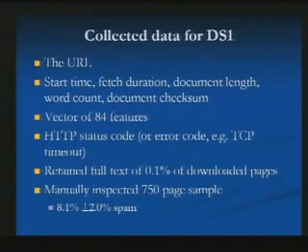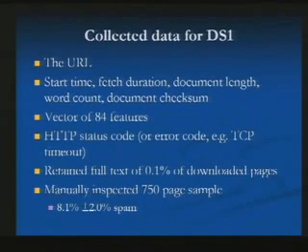For the DS1 crawl, we retained the following information: the URL, the start time of the download, the fetch duration, the length of the document in bytes, the number of non-markup words contained in the document, and an entire document checksum, as well as a vector of 84 features which identified the text of the document, any HTTP status code or error condition that existed, and we retained the full text of 0.1% of these pages that we downloaded for future analysis.